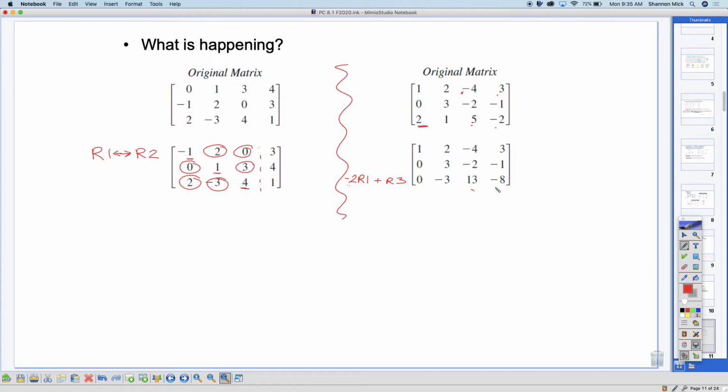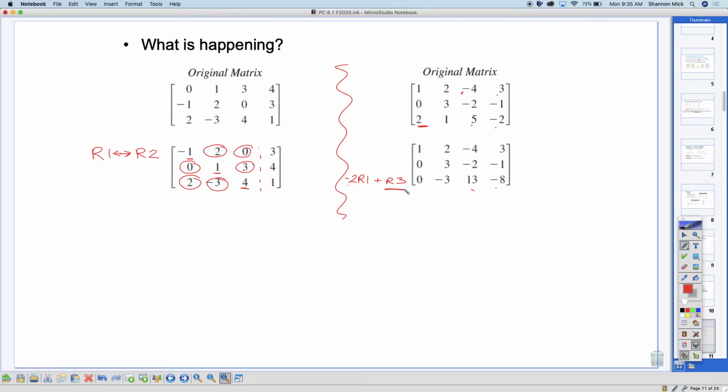Did row 1 change? No. The only one that changed is the second one. Anytime we write these, the only one that should show any change is the second term.